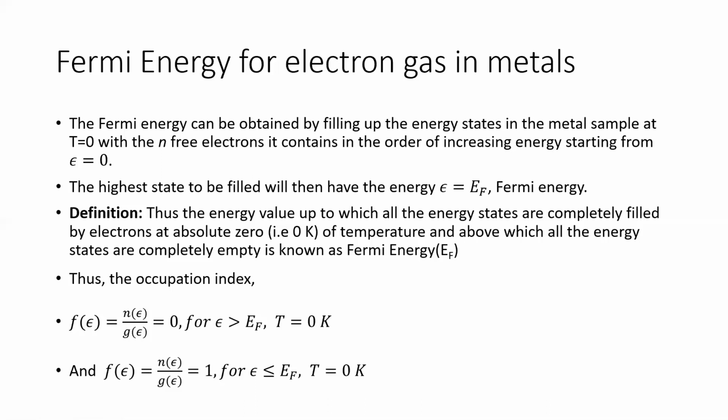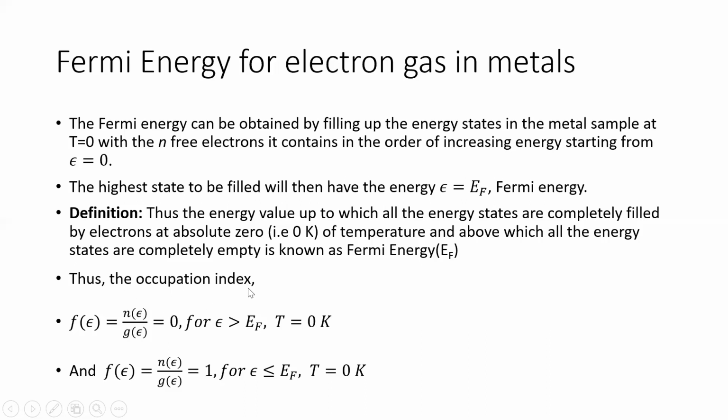So the electrons will be forced to occupy the higher energy states. So if we fill up the energy states from the lowest energy state to higher energy states in such a way that one electron will exist in one state, then the highest state to be filled is called Fermi energy. And Fermi energy is denoted as EF.